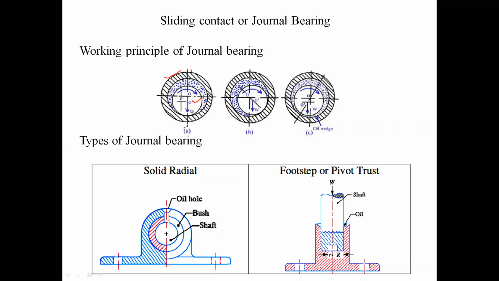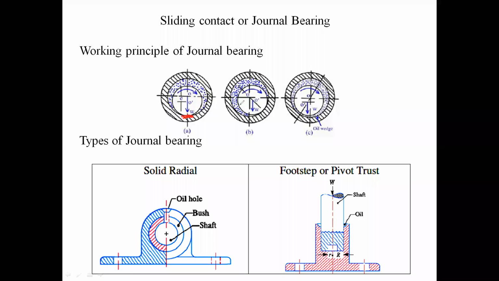In figure A, the journal is in the stationary position. वो घूम नहीं रहा है. घूम नहीं रहा है मतलब क्या है? Here you'll find that there is surface to surface contact at the bottom, because it is in stationary position.